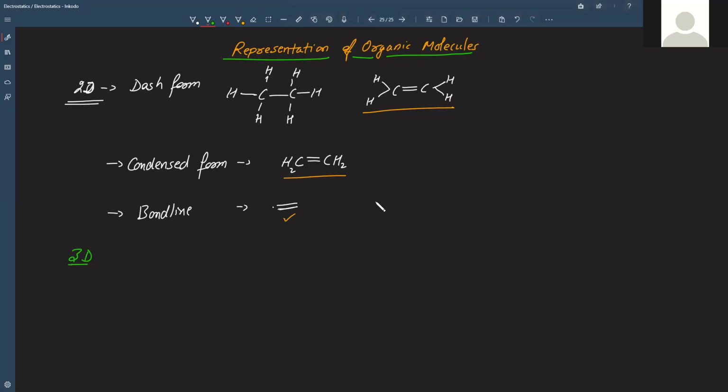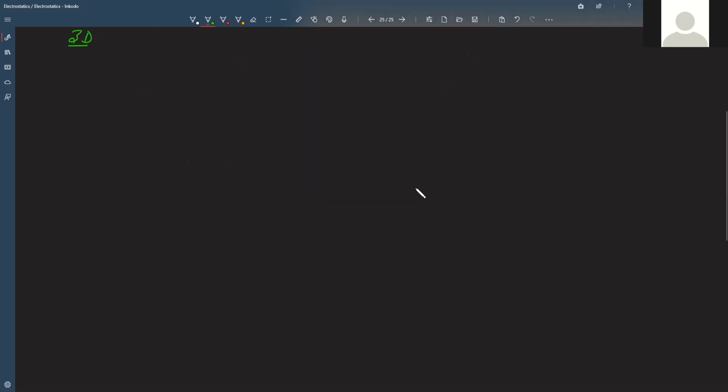So in 3D we have different ways of showing this. The first one is called flying wedge or wedge and dash form.